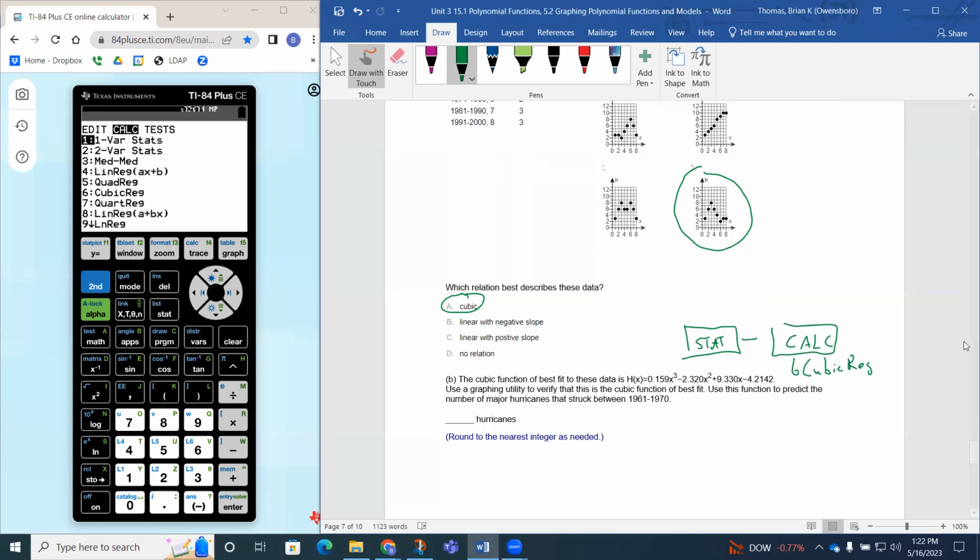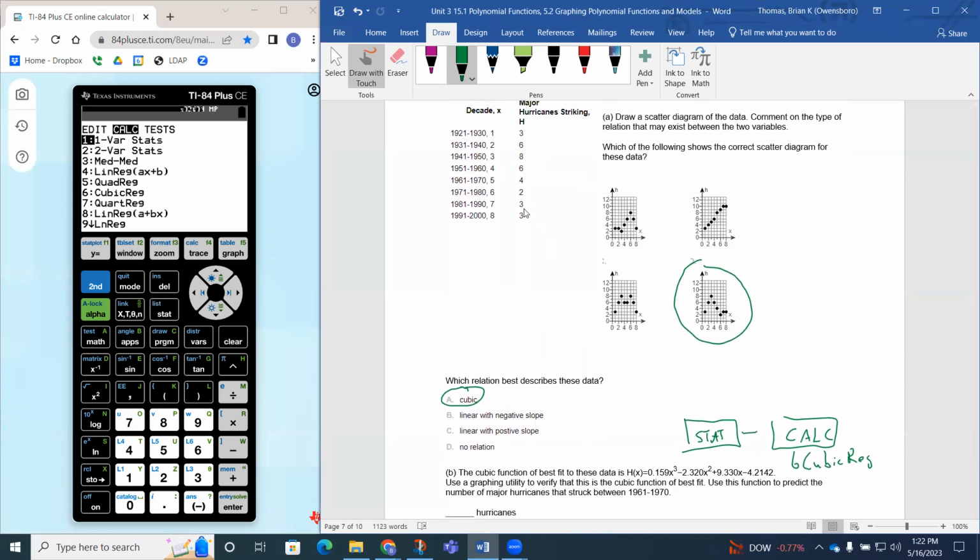Okay. So now what it's asking is, in 1961 to 1970, use this formula to predict the number of hurricanes. Well, 61 to 70 was the 5th decade, and the actual was 4. Let's see what the prediction does.